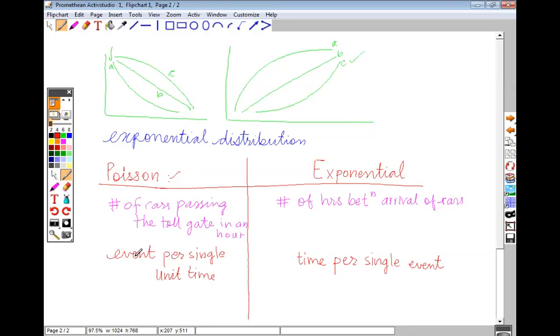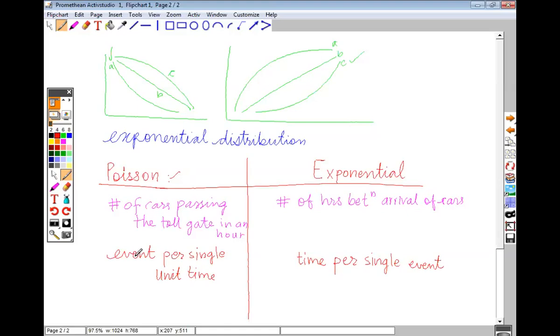What we define as a car passing is that the whole body of the car has passed through the toll gate, and that is our event. So half a car passing is not an event at all. There can either be an event or no event, nothing in between, and that is why we measure it in discrete terms.